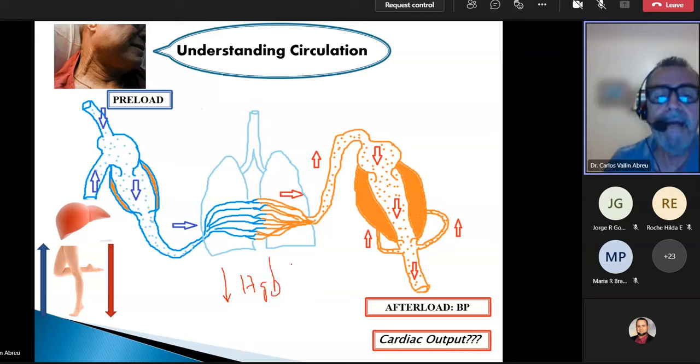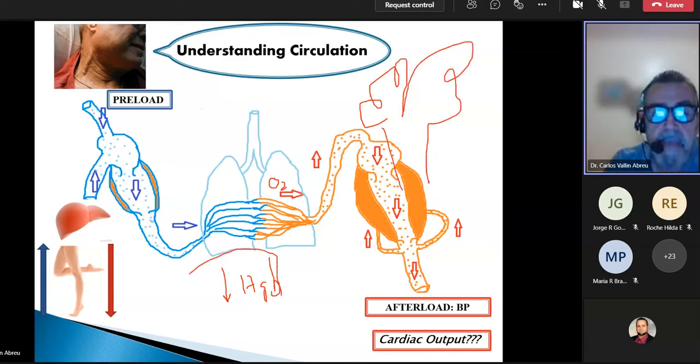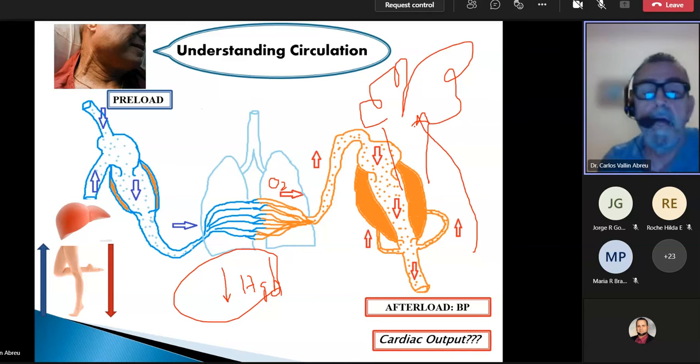You have less capacity of transporting the oxygen that is in the lung toward the body, especially to which organ? The master, the brain. So when there is anemia, the brain starts receiving less oxygen than normal. Why? Because the transporter is decreased.